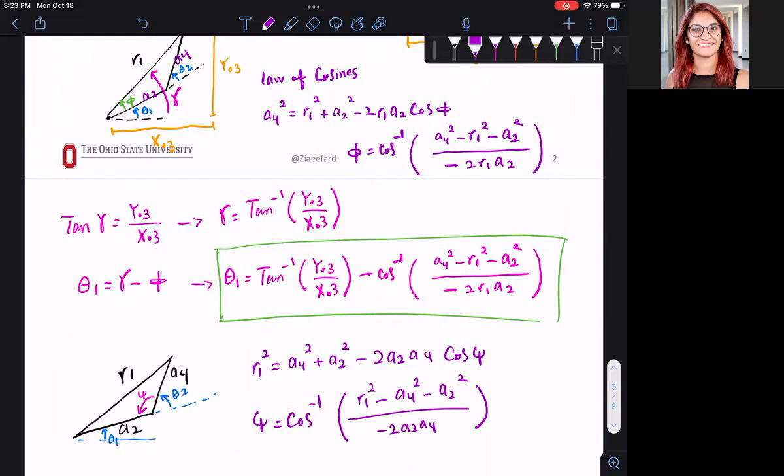So this is an analytical solution, but I still call it geometrical because you used observation and trigonometry. If you hear analytical solution, that's basically finding expressions for joint variables, and you are able to use your trigonometry, but you have to think about how many solutions that expression will give you, all right?